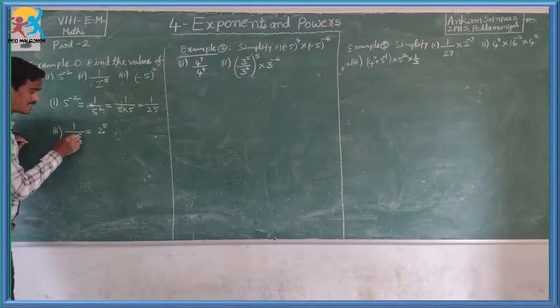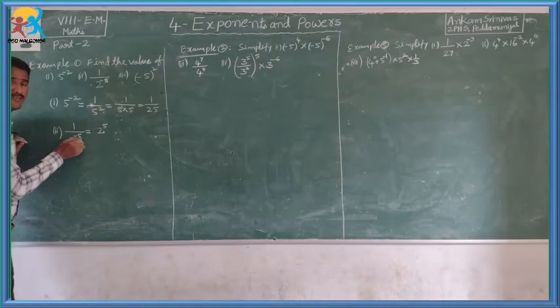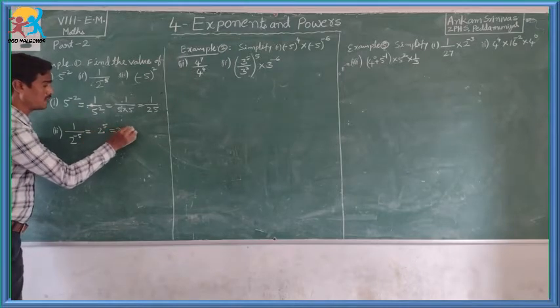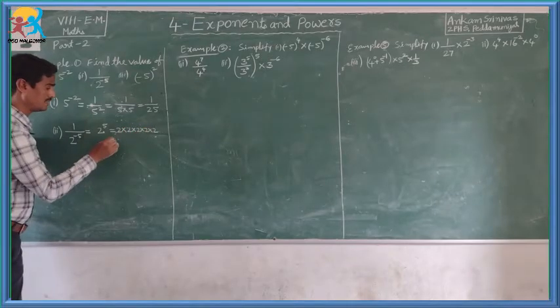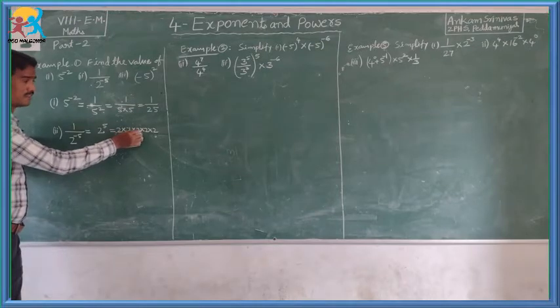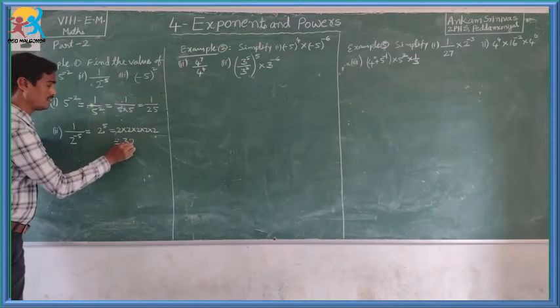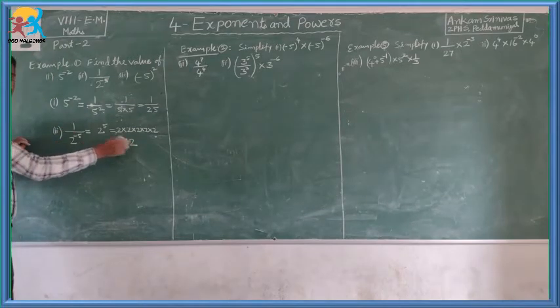I am changing minus to plus. 2 power 5 means 2 into 2 into 2 into 2 into 2. 2 2s are 4, 4 2s are 8, 8 2s are 16, 16 2s are 32. So 1 by 2 power minus 5 is equal to 32.